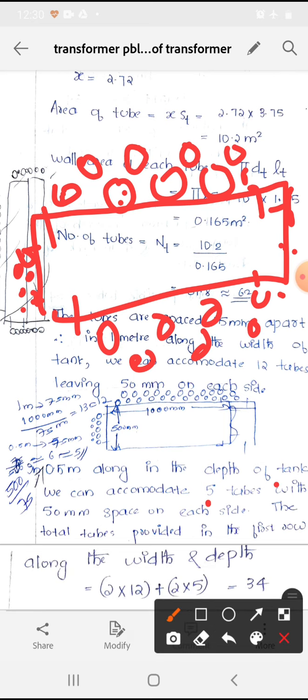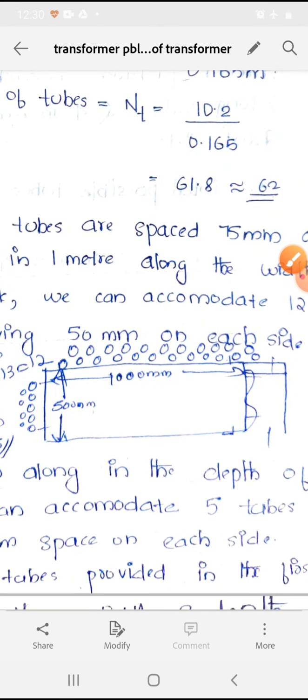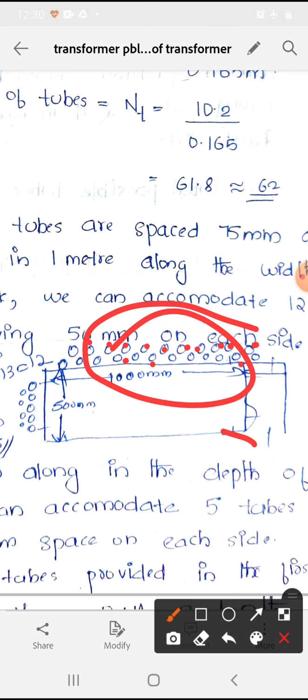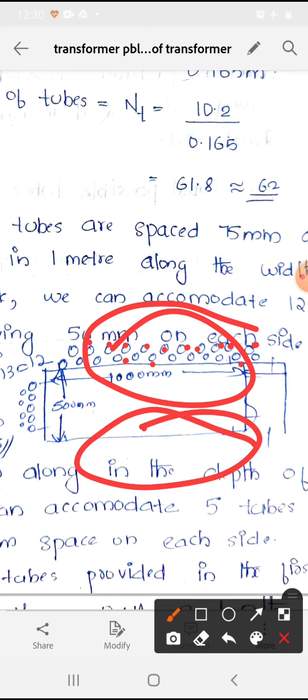So finally, see here 1 2 3 4 5 6 7 8 9 10 11 12, then 13 14 15 16 17 18 19 20 21 22, 23 on this side, and also here 23, that is 46.